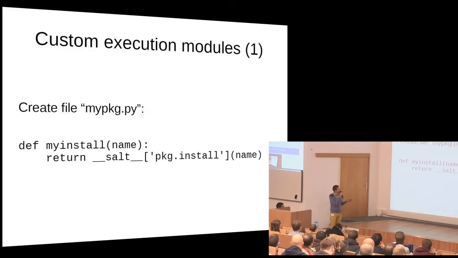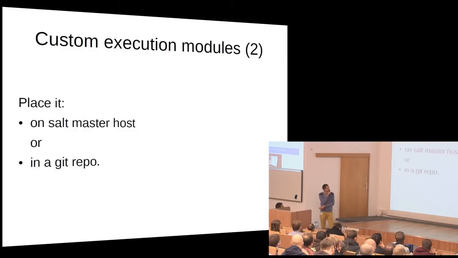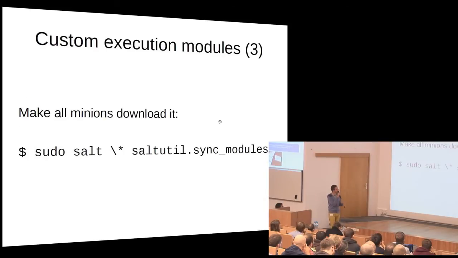And when we have that file, you need to place it either on the master host or better in a Git repository, which can be read by the master server. And then you need to make those minions, the hosts that you want to manage, download your new module.